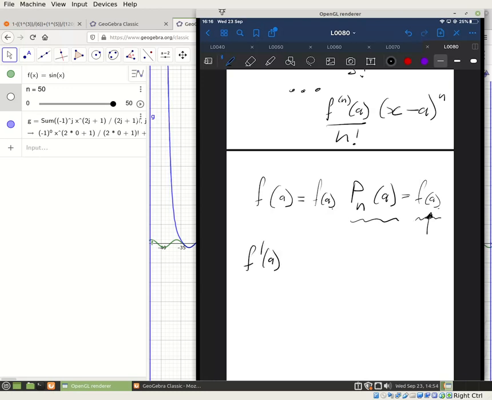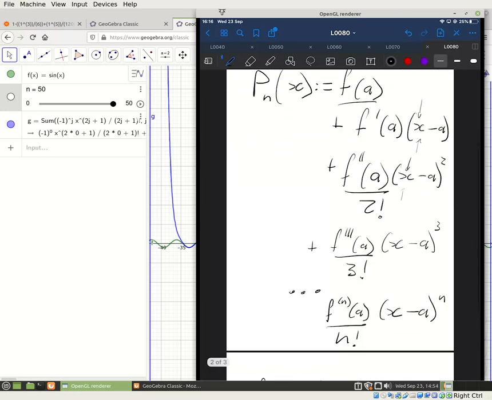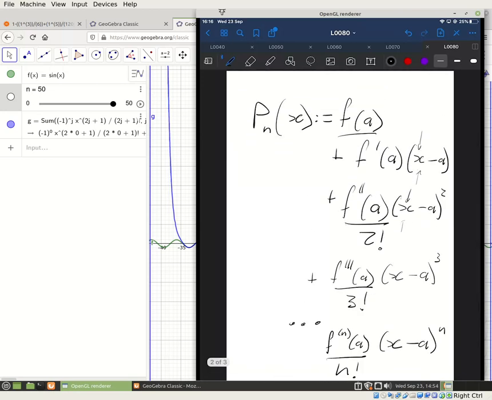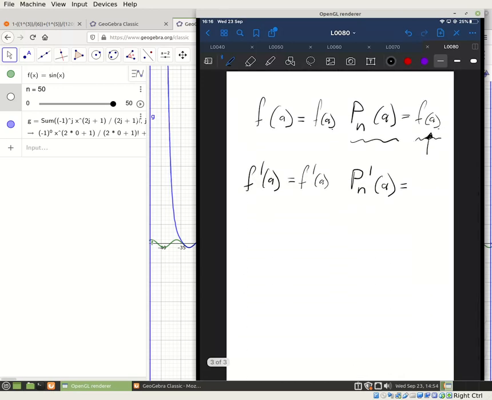Let's think about the derivative of f at a. So the derivative of f at a is, of course, the derivative of f at a. What is the derivative of the nth Taylor polynomial at a? And if you work that out and you substitute everything in, you see this is a polynomial, so it's not particularly difficult to work out the derivative of that polynomial, and if you substitute in the value for a, you get exactly the derivative of f at a.